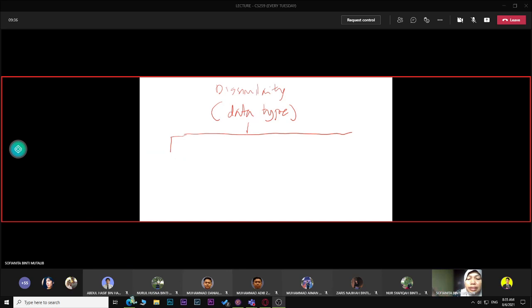The first data type is integer, which we call numeric. Then we have nominal, where we have simple matching.